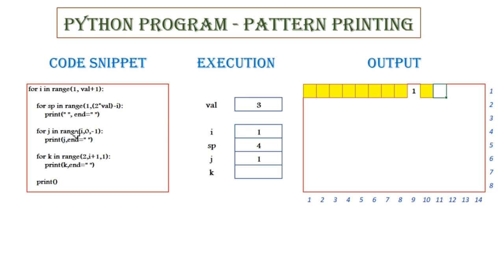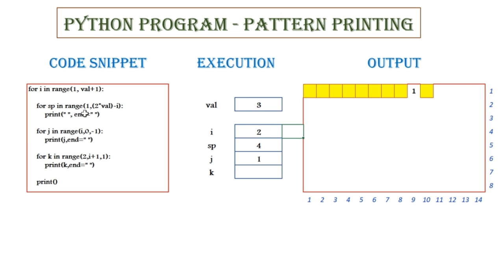The control comes out of this for loop and then goes to the next nested for loop, where it will check for k in range(2, i + 1). i plus 1 is again 2. So 2, 2. The control comes out of this for loop and then it prints a new line. So Python is going to print the next set of results in the next line. Now the value of i is going to be 2.